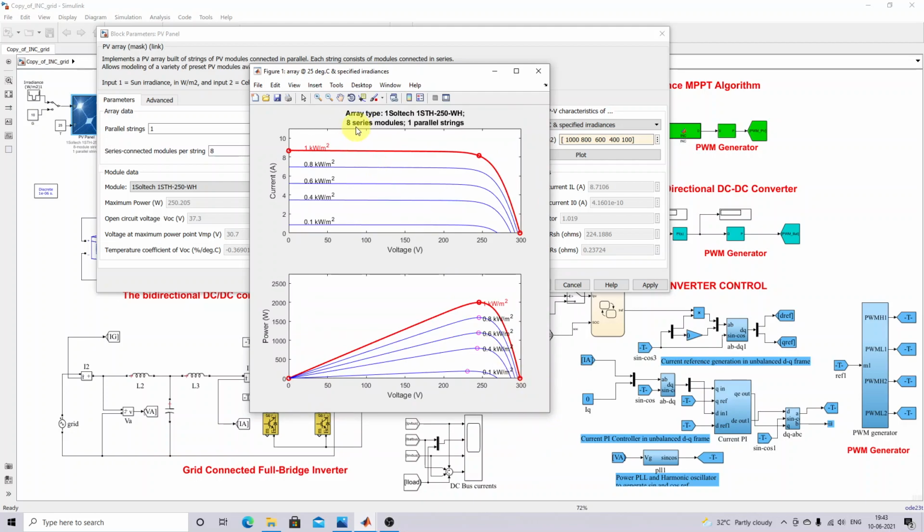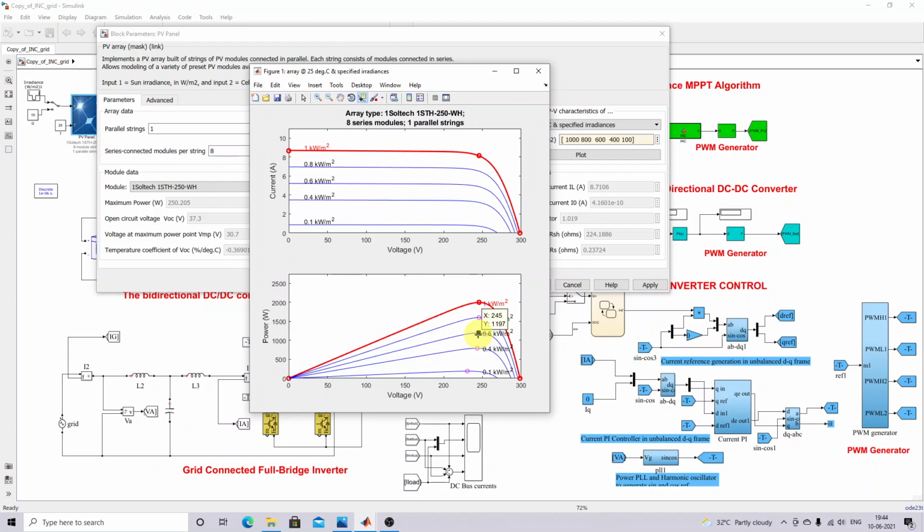So it has 8 series modules. So here this is known as the PV characteristics of that considered solar panel. So this is the IV characteristics of the considered solar array, right? So here you can see that for 1000 watts per meter square, right? The maximum power is around 2002 watts, right? So when irradiation is reduced to 800, the maximum power is around 1599.